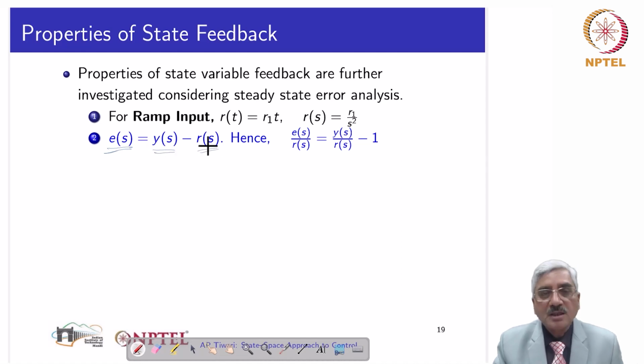output minus the Laplace transform of the reference input, and so E(s) by R(s) will be Y(s) by R(s) minus 1. This is the transfer function of the system, and so E(s) will be this into R(s).